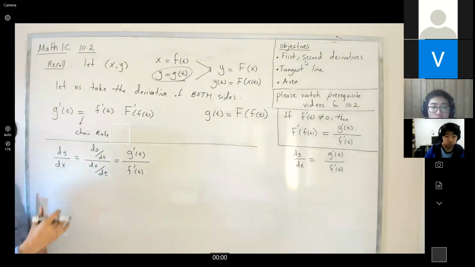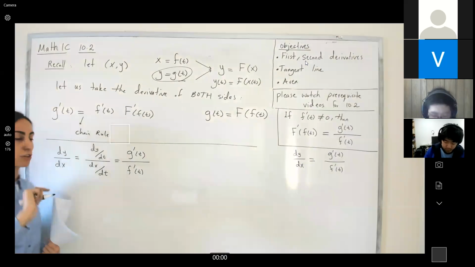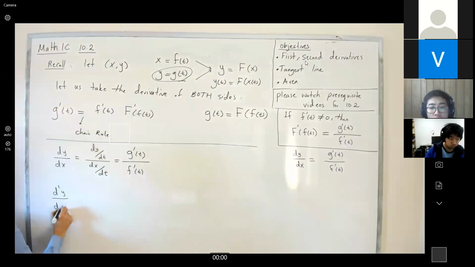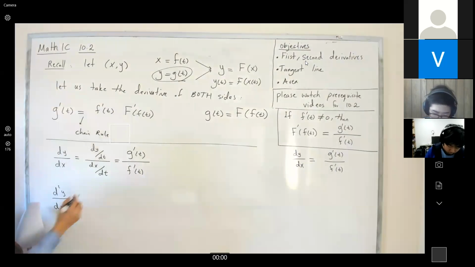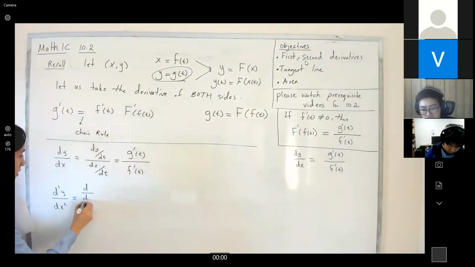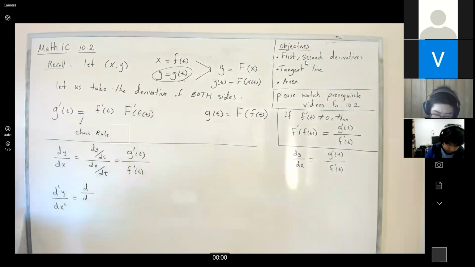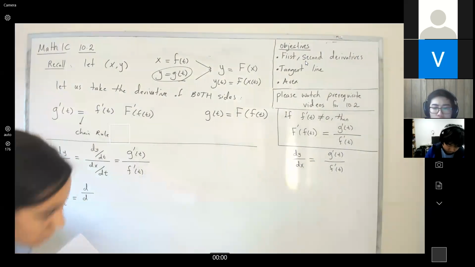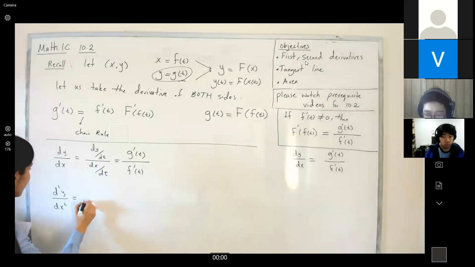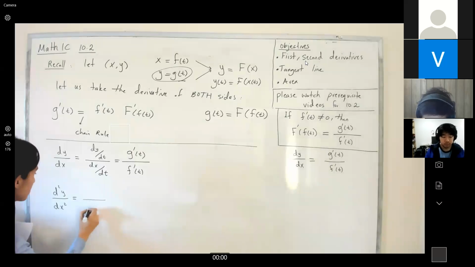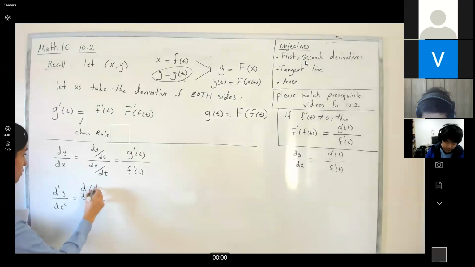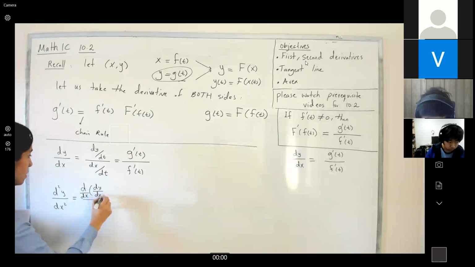Now I'm going to move on to find the second derivative. The second derivative of y with respect to x is equal to, now I want to separate these, d over dx of dy over dx.